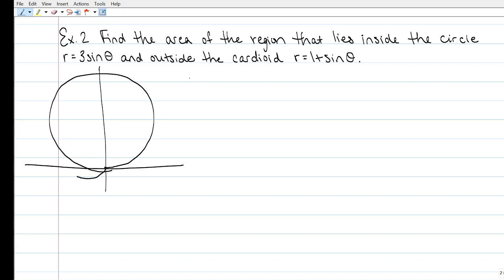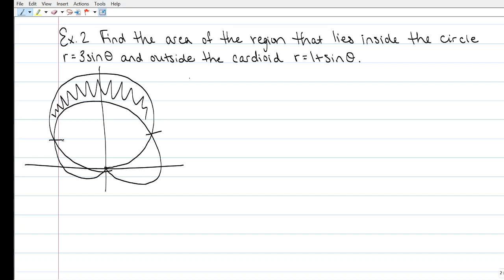And then we have our cardioid. So we want to find the area of the region that lies inside the circle outside the cardioid. So please take a look at figure 5 for confirmation on your sketch.